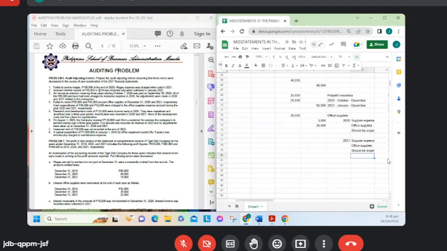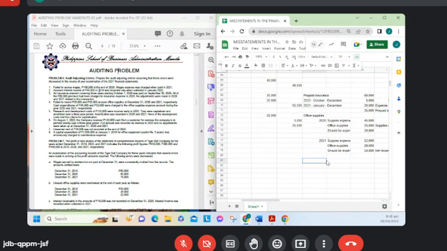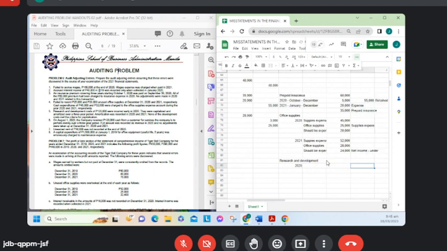So may natin dito research and development. So what happened here is in 2021, in 2020, expense is... nangalang para sa madali.